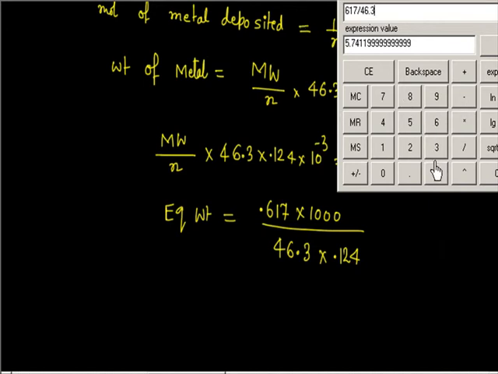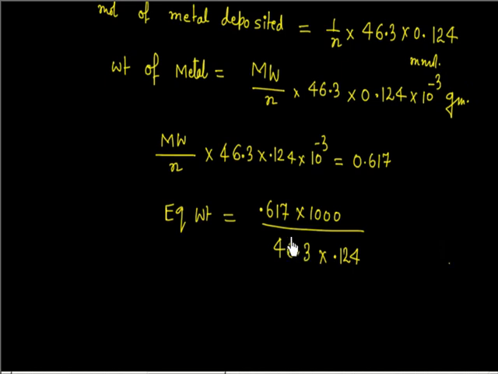What is this value? 13.326. Then divide by 0.124. This value is 107.46. It looks like the metal is silver. So this is the equivalent weight of the metal, in gram per equivalent, because equivalent weight is expressed in gram per equivalent.